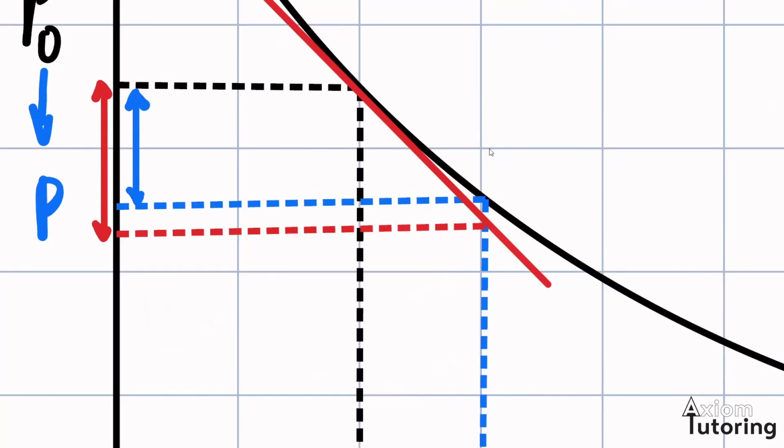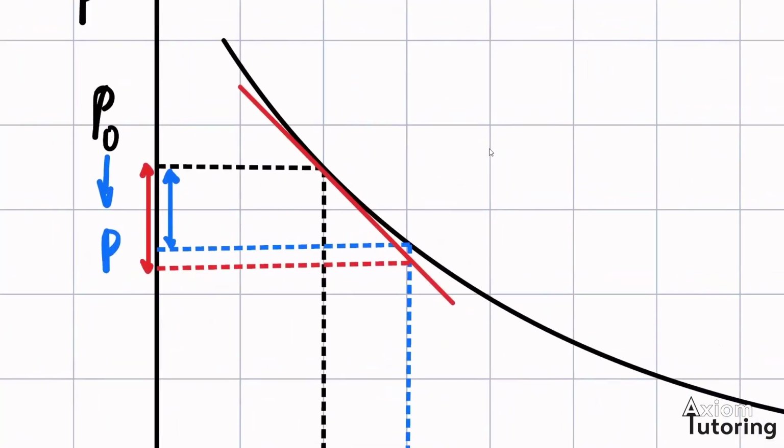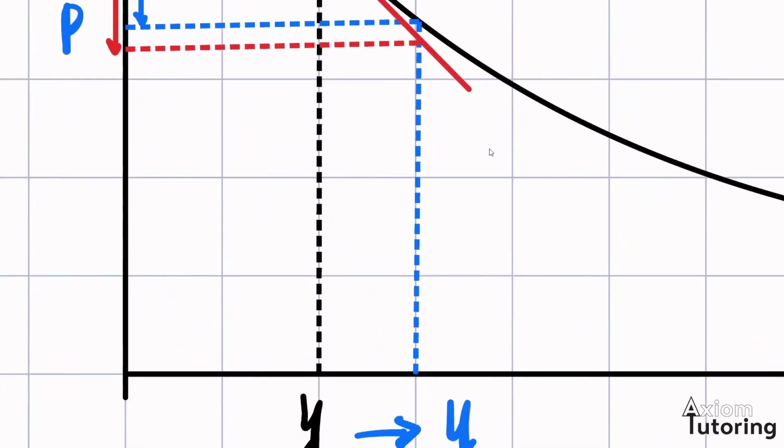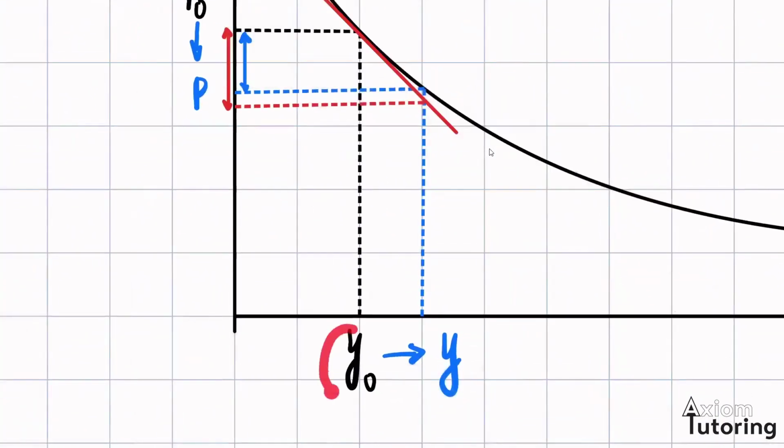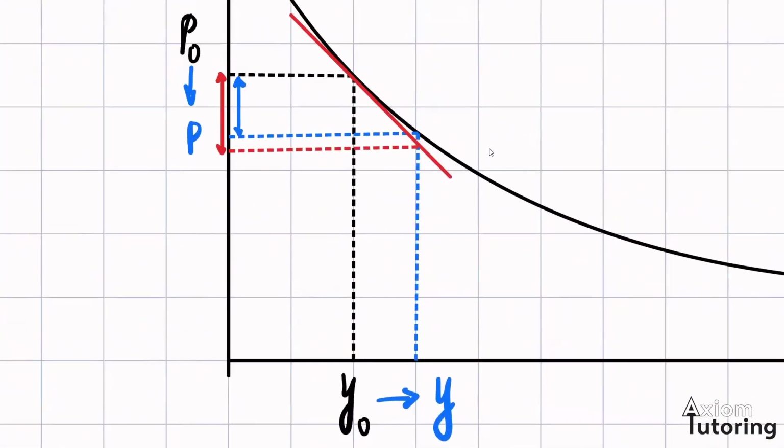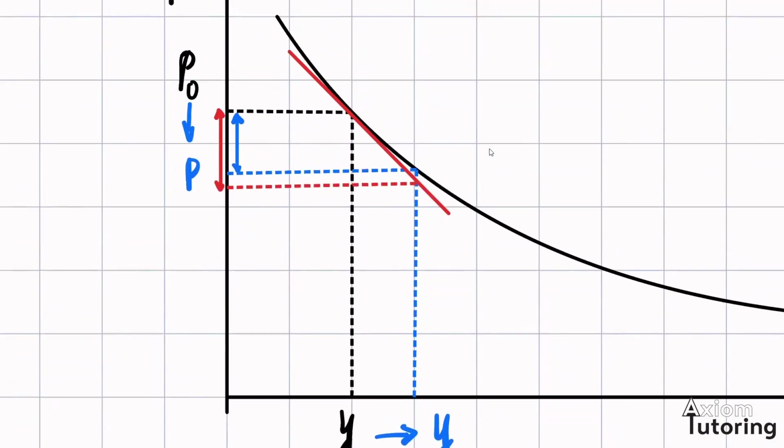Yeah, so this bit here, this tiny distance, is going to be the error. And this should correspond to the differences that we have shown in the previous examples, right? So as long as the change in the yield is not too drastic, this could be a very good approximation, right?